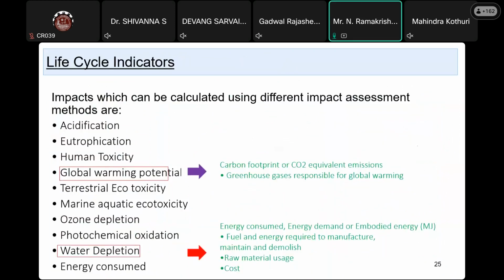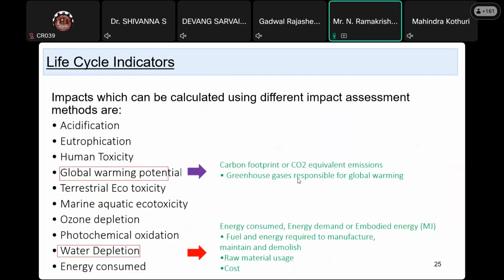So the impacts can be calculated using different impact assessment methods available. This is all in general acidification, eutrophication, how it's going to deplete the oxygen, how it's going to affect human toxicity, global warming potentials, as I told you, carbon footprint or CO2 equivalent emissions. As I told you, energy and carbon are the two things which are most concerned with sustainability.